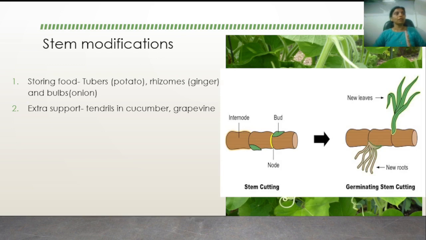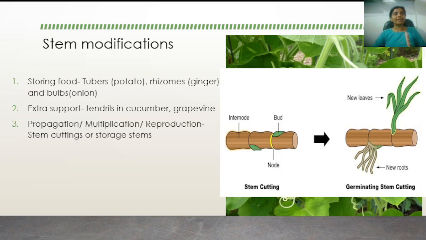Now let's take a look at another modification of the stem. That is the modification which allows the stem to propagate itself, or reproduce more of its same kind through the stem. So propagation, multiplication, or reproduction, all words which mean the same thing, that produce more of the same kind.